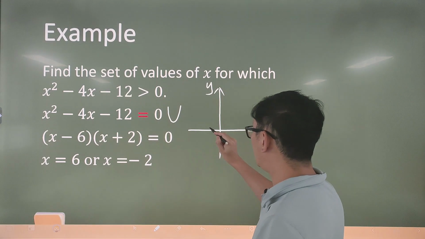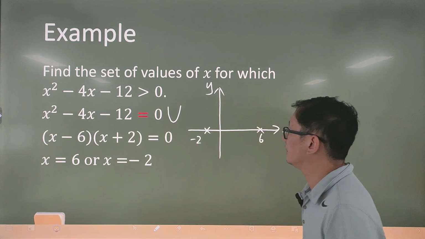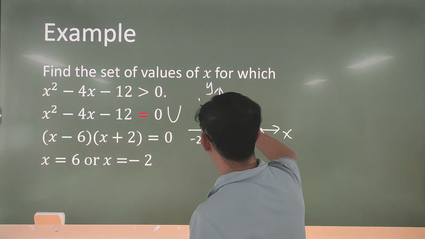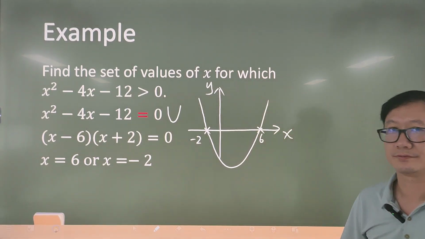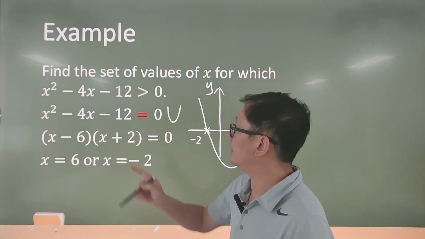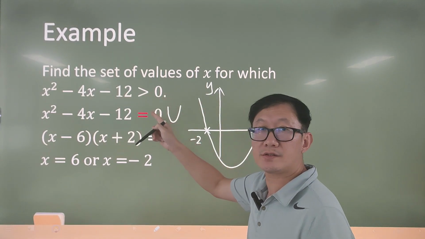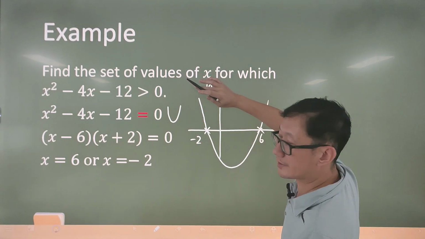Okay, we'll have negative 2 here and 6 here. The graph opens upward, so we want to have something like this. And now let's go back to our inequality here. We want this to be greater than 0. Greater than 0 means above the x-axis.